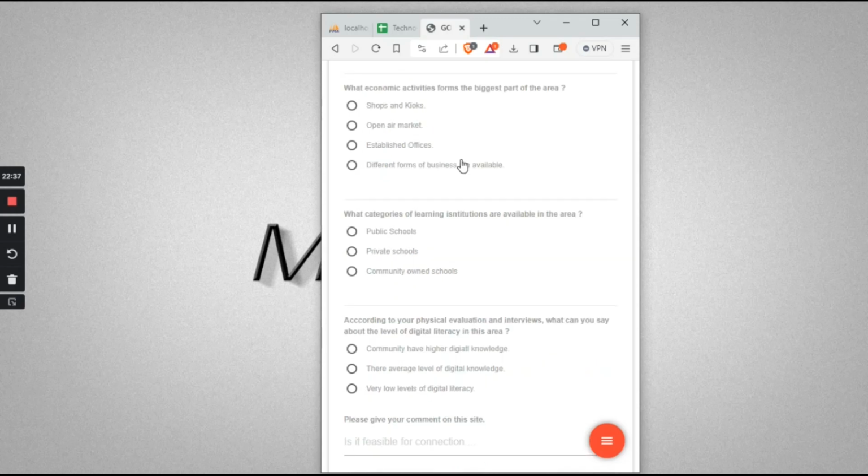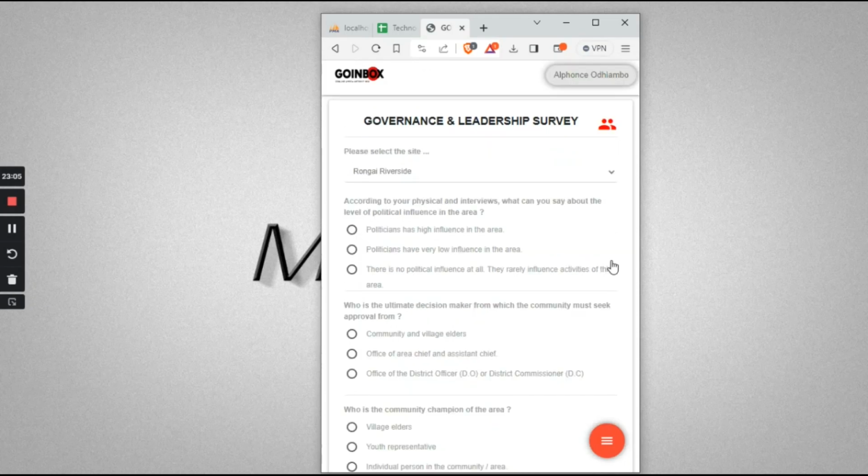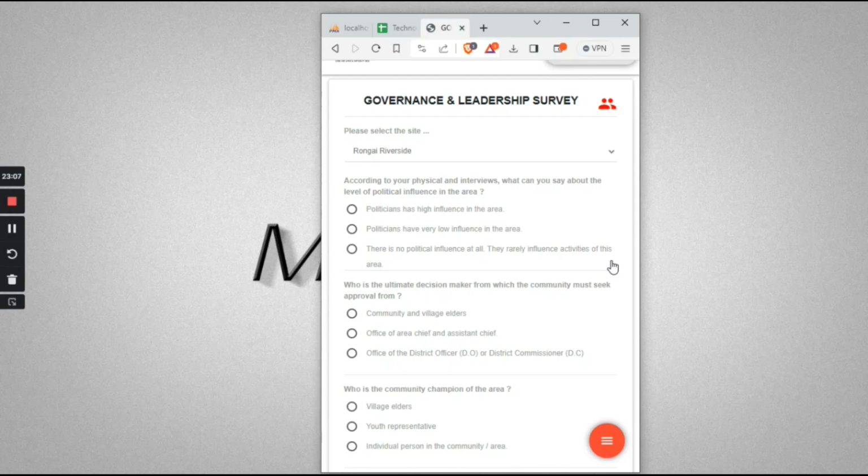We also need to know existing institutions like schools, whether they're private or community owned, because at times you might need these organizations or institutions to host some of your devices in the community. So in the governance aspect, you need to know whether that area is under high influence in terms of politics, who has a say, what is the perception in that.